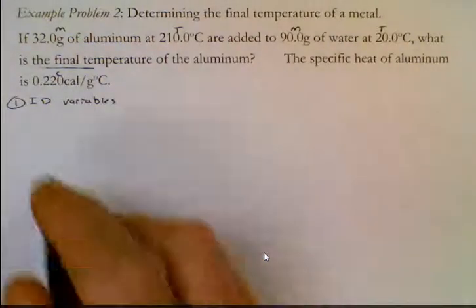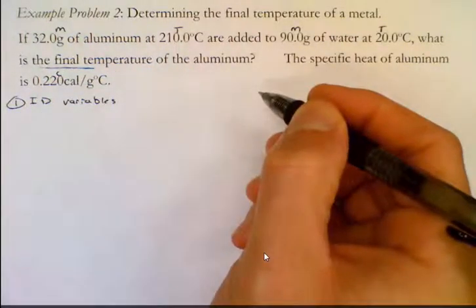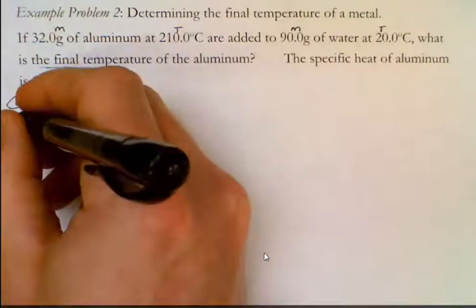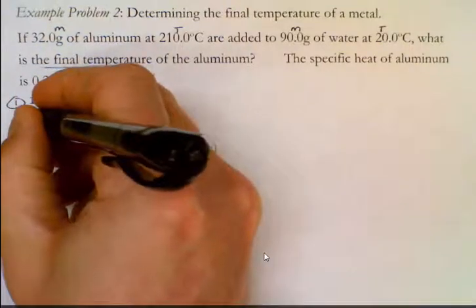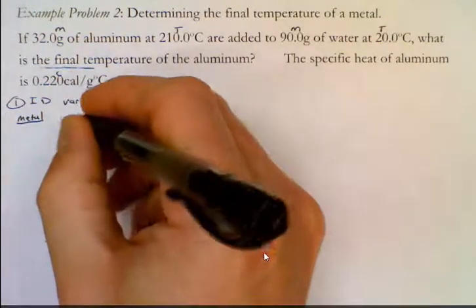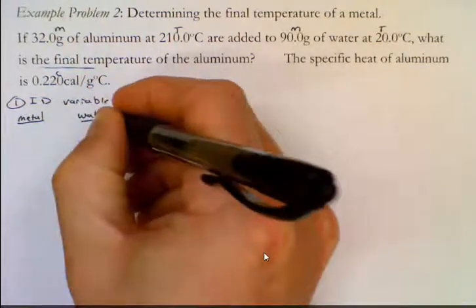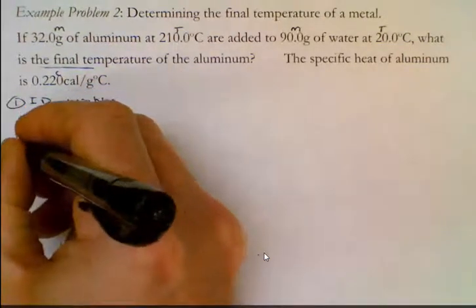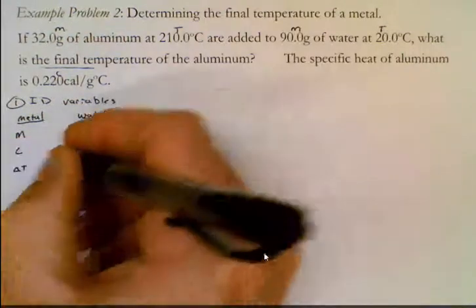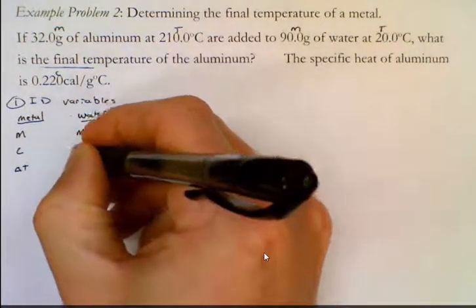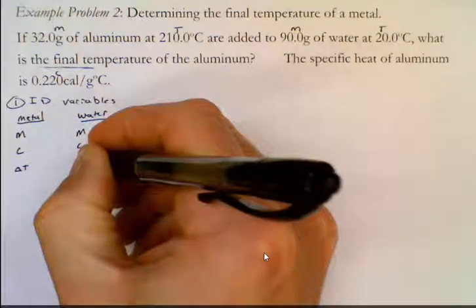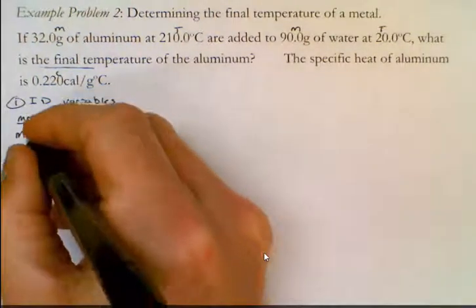Because there's two masses, I'm going to end up using mC delta T equals mC delta T, which means I'm going to need a column for the metal and then a column for water when I'm organizing my variables. mC delta T, mC delta T. I know the mass of my aluminum is 32.